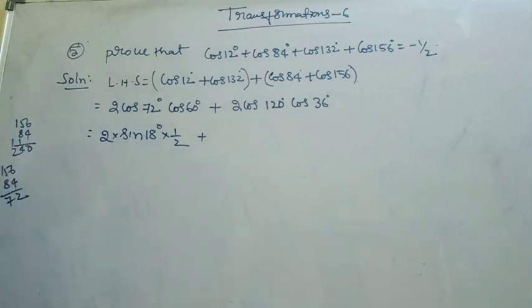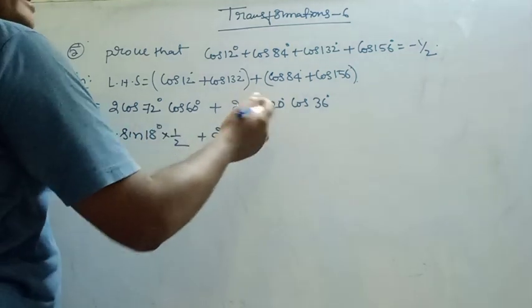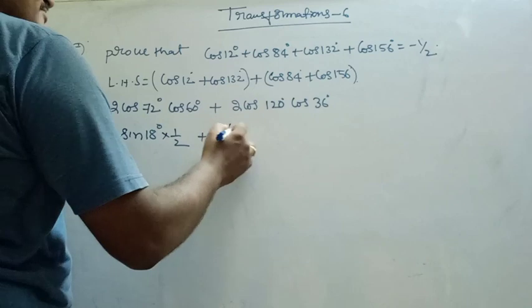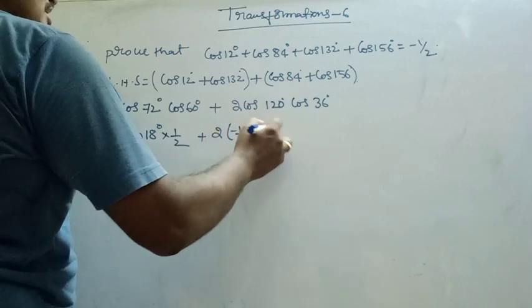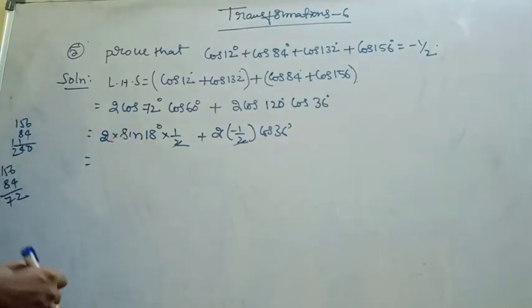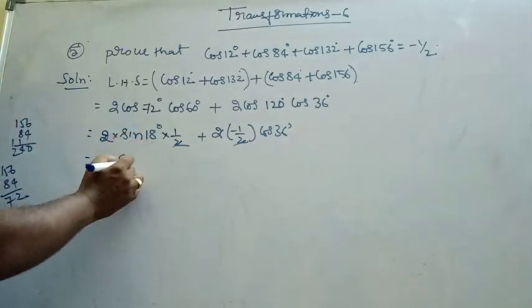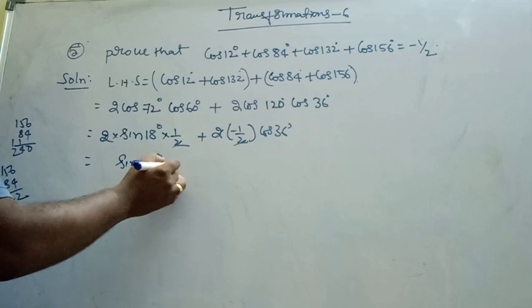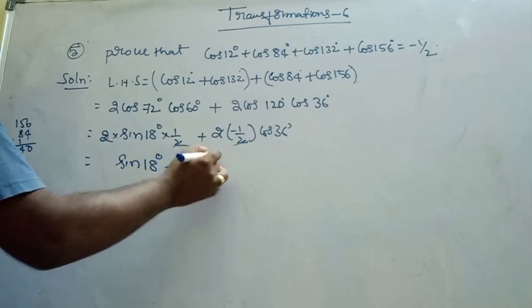Cos 120 degrees value, my dear students, is minus 1 by 2, because it is cos of 90 plus 30, which is minus sin 30. That becomes minus 1 by 2 into cos 36 degrees. This 2 will cancel this. Now you have sin 18 degrees minus cos 36 degrees.